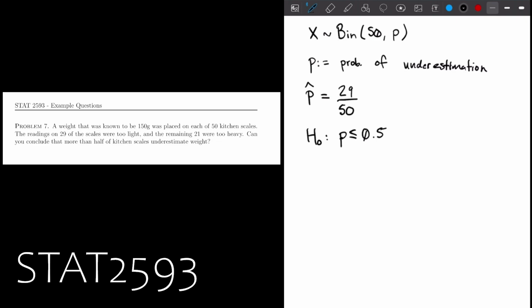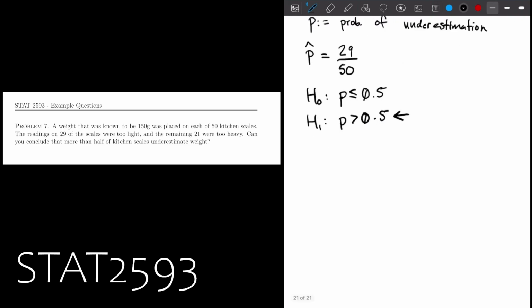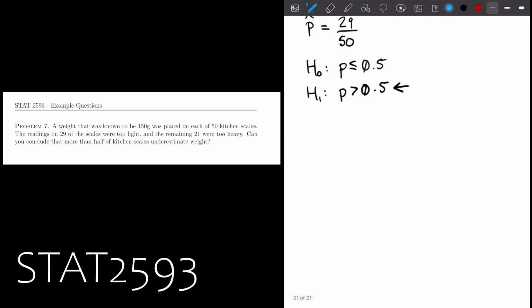And so if we want to see is there evidence in favor of that conclusion, we need to make our null hypothesis that less than or equal to half of them are going to be, right? So sort of put differently, we take our null hypothesis to be that the probability p is less than or equal to 0.5. H1 is going to be that p is greater than 0.5, and we're asking, do the data support this conclusion, right?